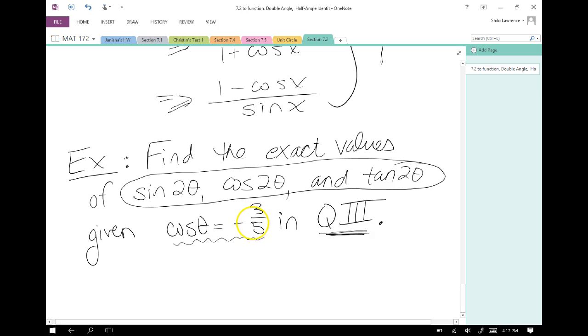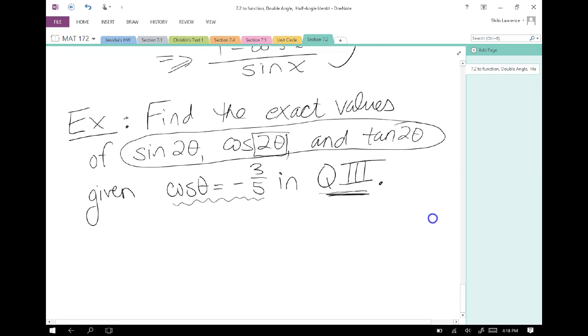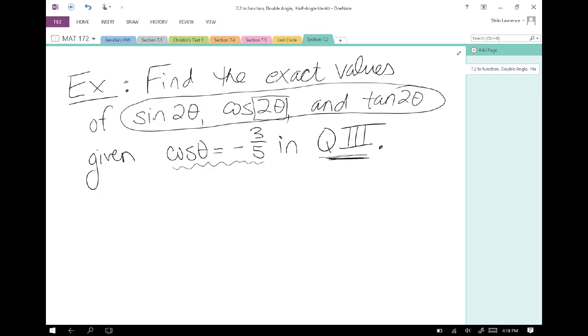You can't just take that -3/5 and double it. That's not what they're asking us to do. They're asking us to double the angle, not the trig value. What happens when you double the angle? So there's a way to use an identity and put this back in terms of the original angle.